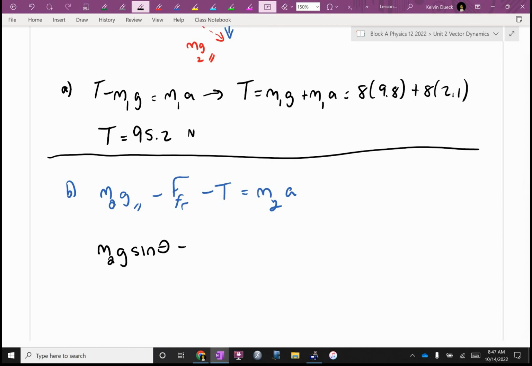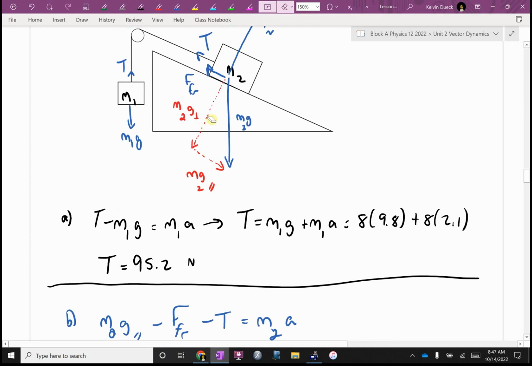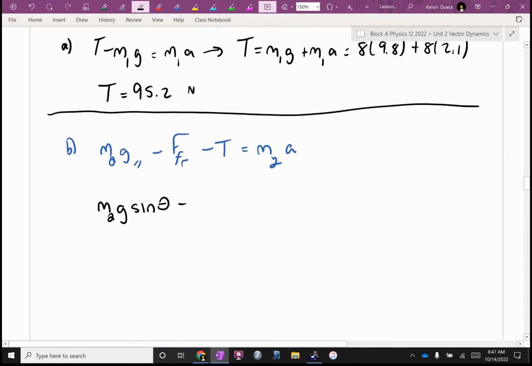It's going to be M2G perpendicular. Which trig function was M2G perpendicular? You do know the answer. Of course you do, right? So it's going to be minus mu M2G cos theta. And Reed is correct. I can't believe I forgot to put the tension on there. You can see it's easy to make silly mistakes, especially in the morning.